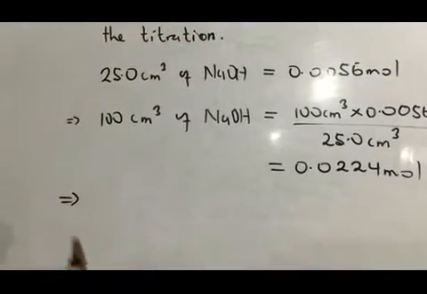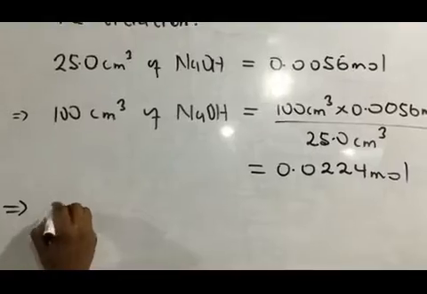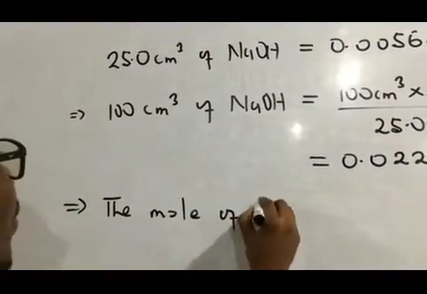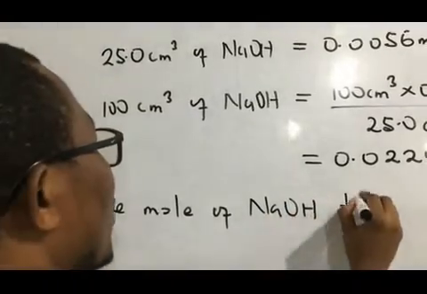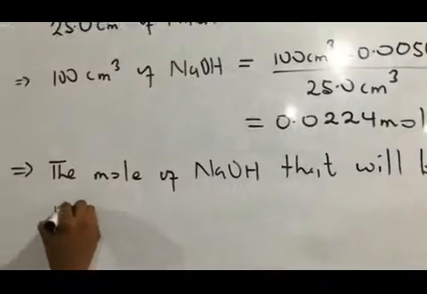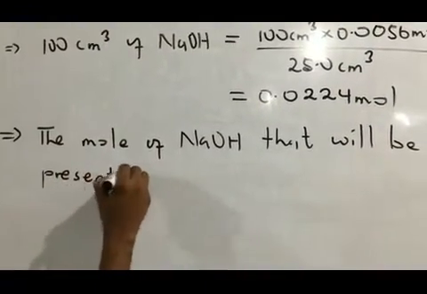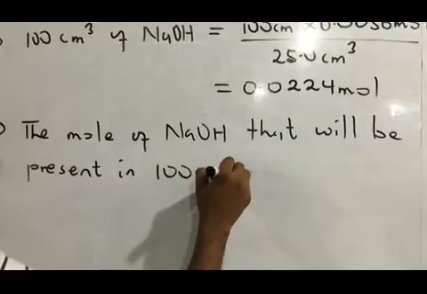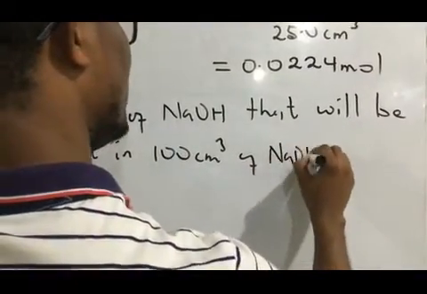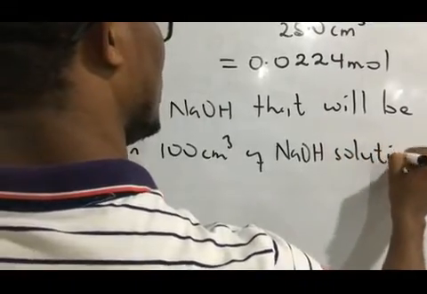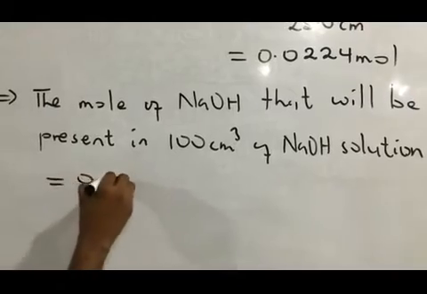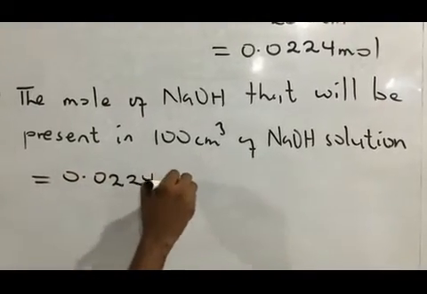So it implies that the mole of NaOH that will be present in 100 cm³ of NaOH solution is equal to 0.0224 mole.